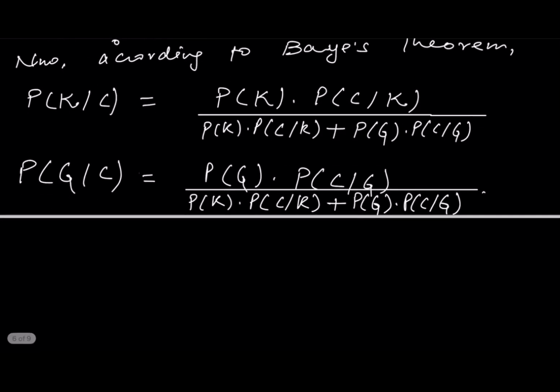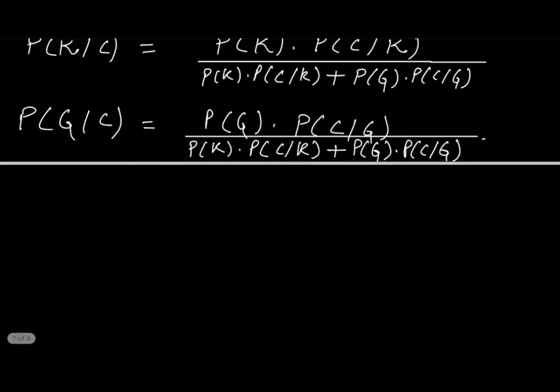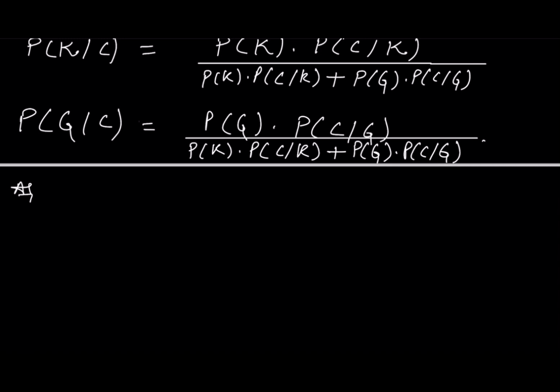Also, some information is given in the question, and what is it? Probability of correct answer given that he knows the answer is obviously 1. It is 1, right?